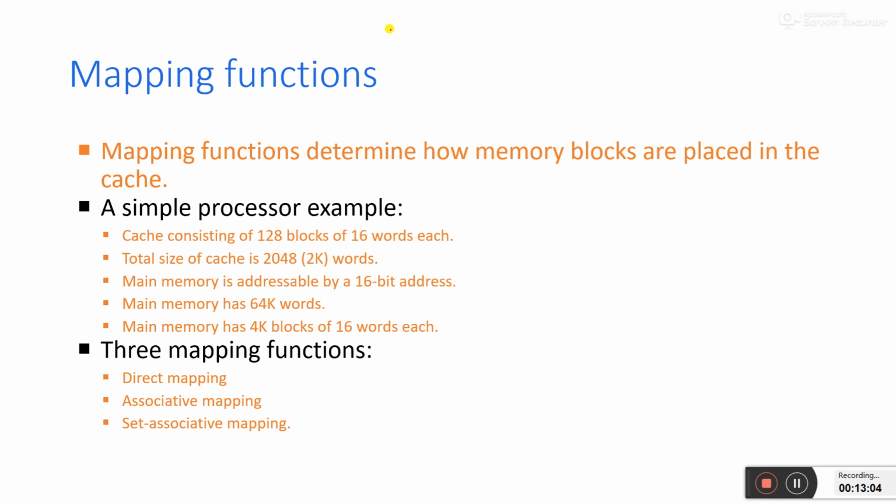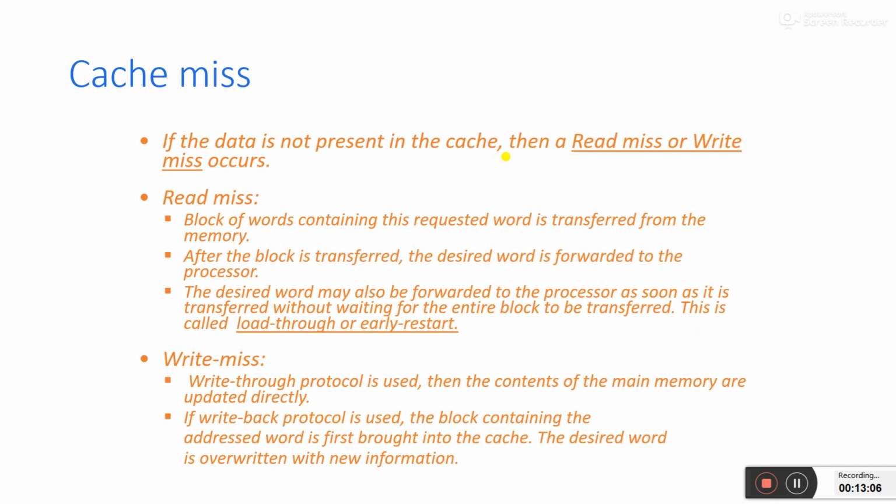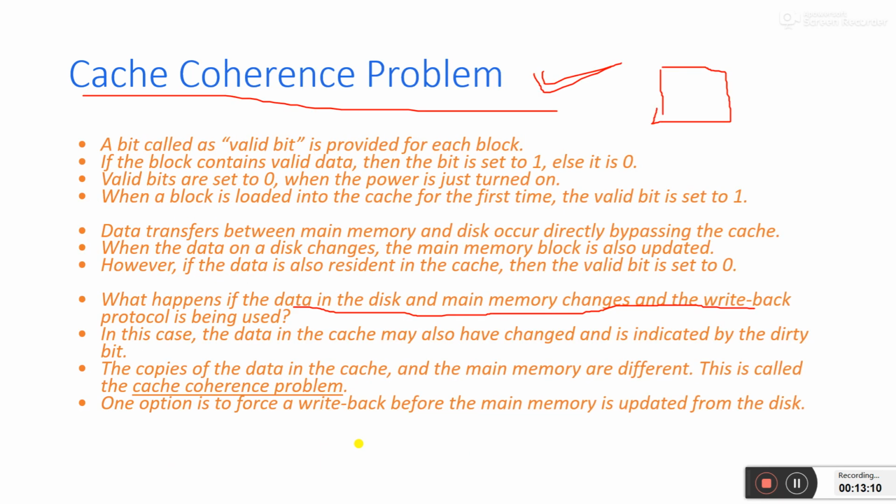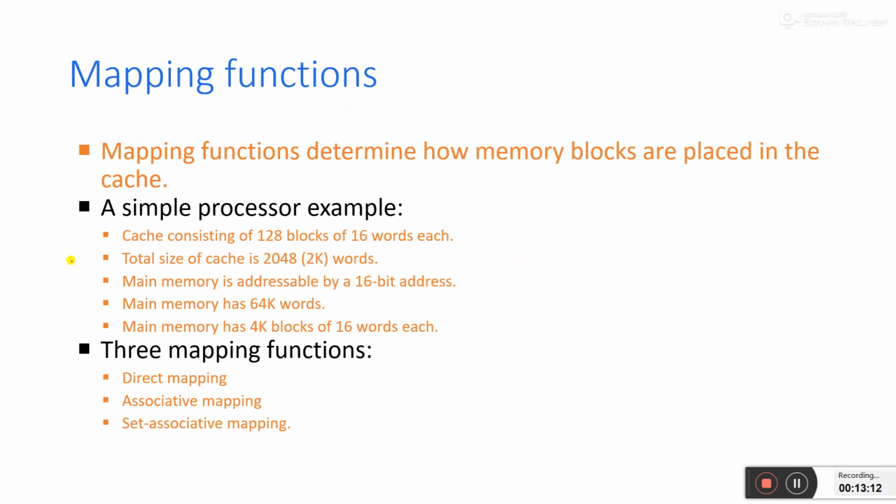So let's see the mapping functions. As I have just told you, the mapping function determines how memory blocks are placed in the cache memory. A simple processor example: the cache consists of 128 blocks of 16 words each, and the total size of the cache is 2048 words, which is 2 kilowords.